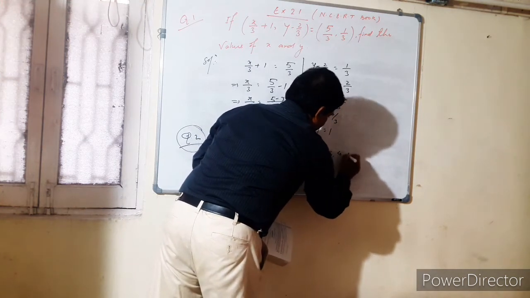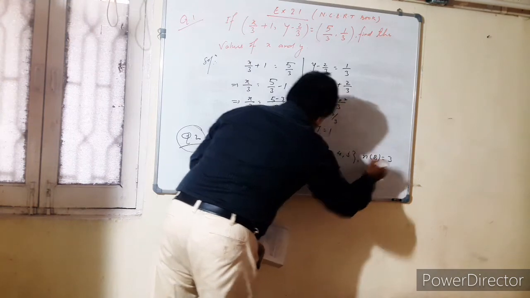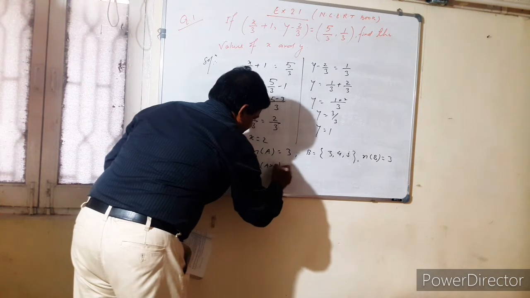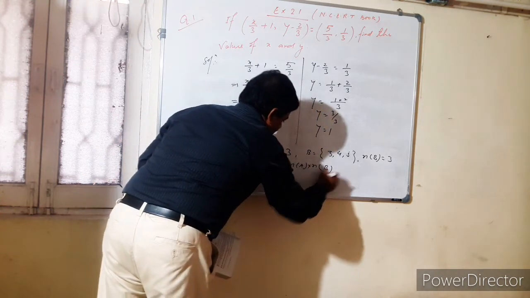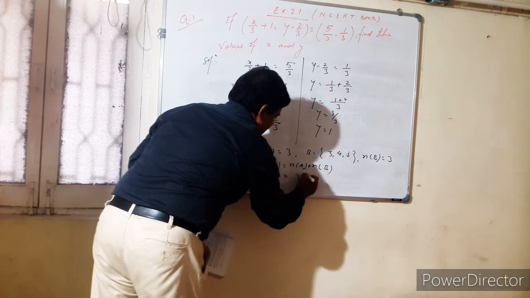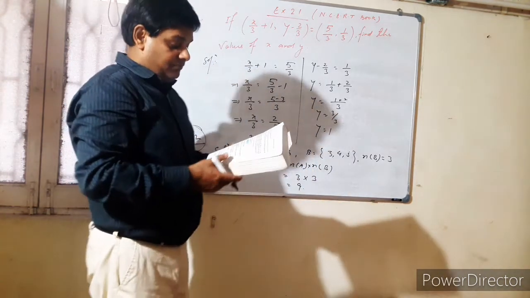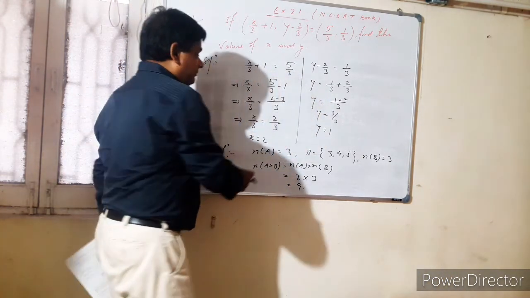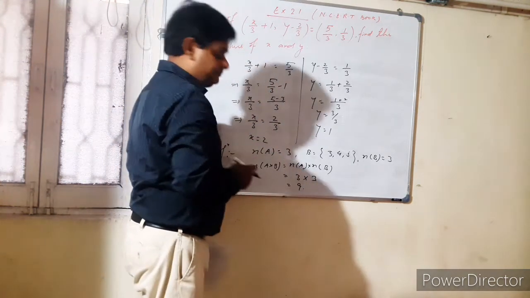It means n B is equal to 3. So it means n A cross B is equal to n A into n B. It means n A is 3, n B is 3, so here 9 elements. So find the number of elements in A cross B. The number of elements in A cross B is 9.